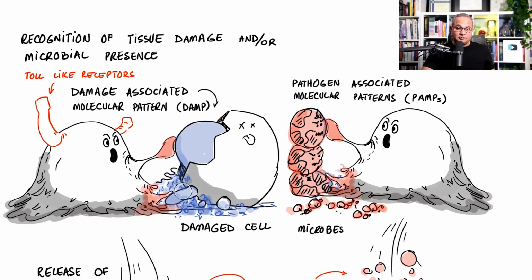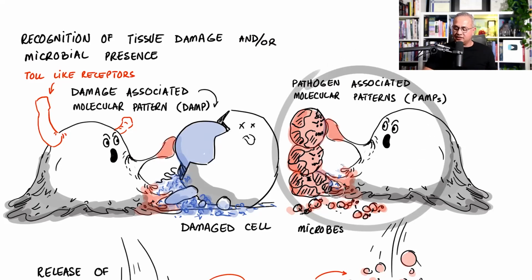And these receptors can recognize those patterns. They can say, oh man, this is from inside the cell. Just like if there is someone with their guts out, we can say that, hey, this was supposed to be inside the body. Why is it outside? So this is one way that these sentinel cells look at the tissue and understand there is damage.